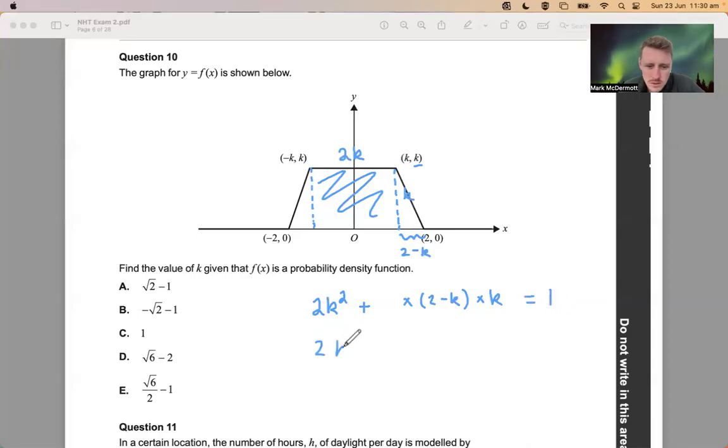Let's simplify this a bit. 2k squared plus 2k minus k squared equals 1. Let's use our calculator to solve that.